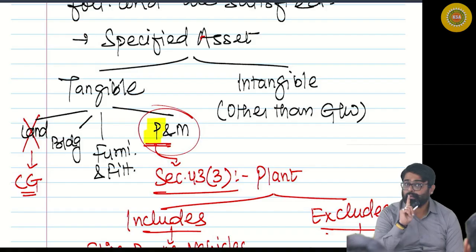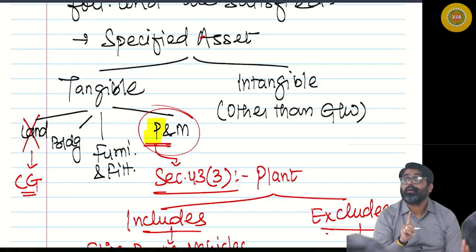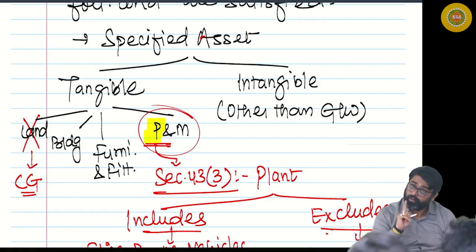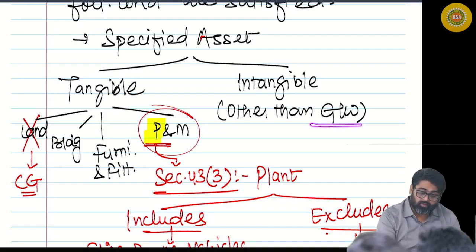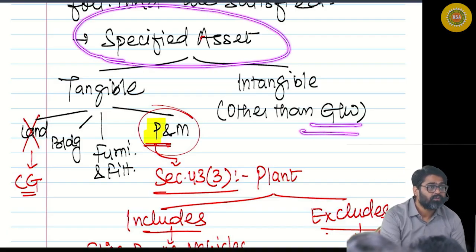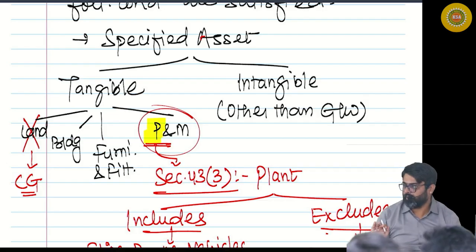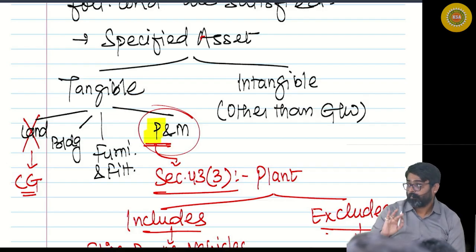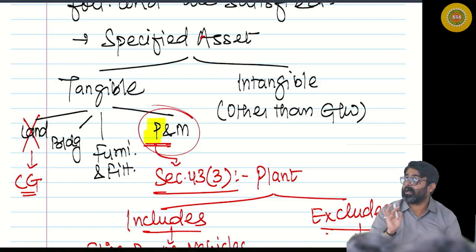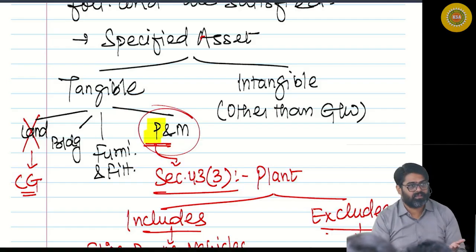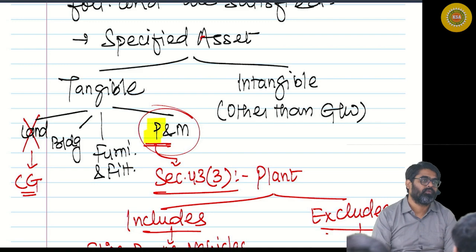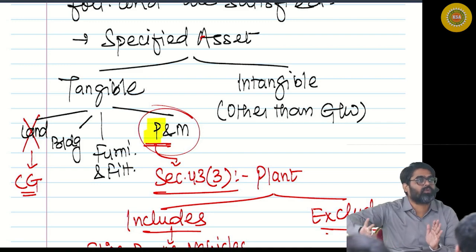But for the purpose of the PGBP head, goodwill is not treated as a specified asset. So even if you have purchased goodwill for the purpose of your business or profession, the cost of that goodwill cannot be claimed under the head PGBP in the form of depreciation. Getting my point? Why? Because goodwill is excluded.